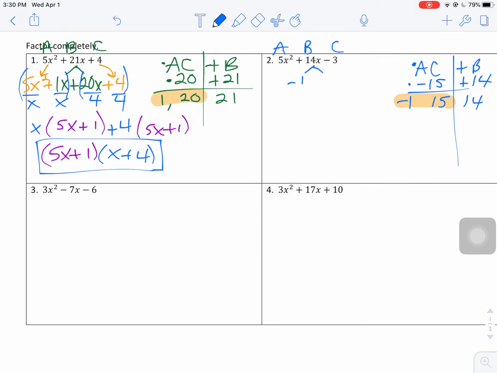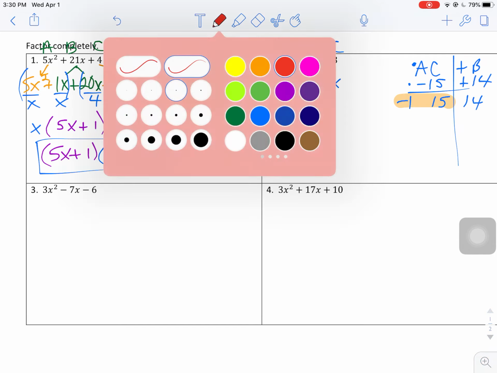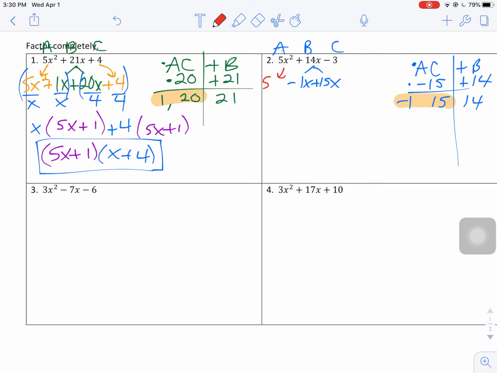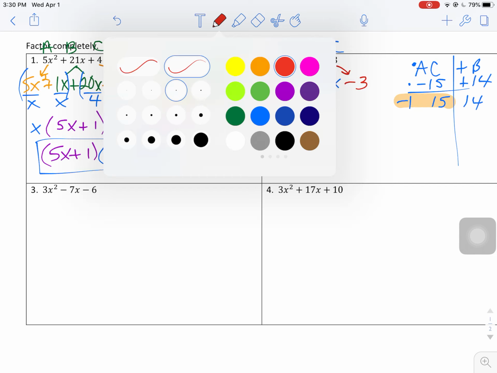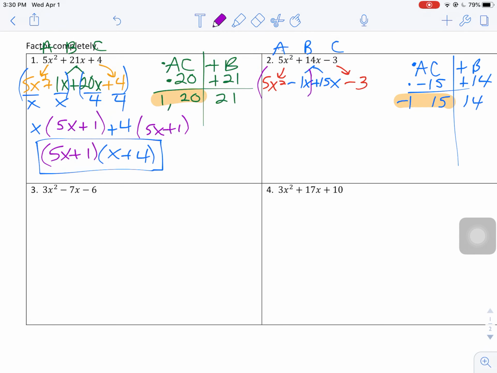So we're going to split the 14x into negative 1x and 15x. We're going to drag down the 5x squared in the front and the negative 3 in the back. Add in your parentheses.